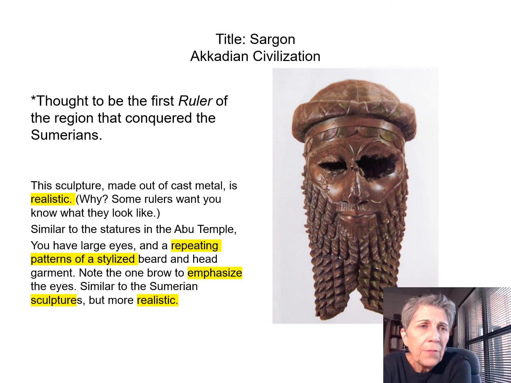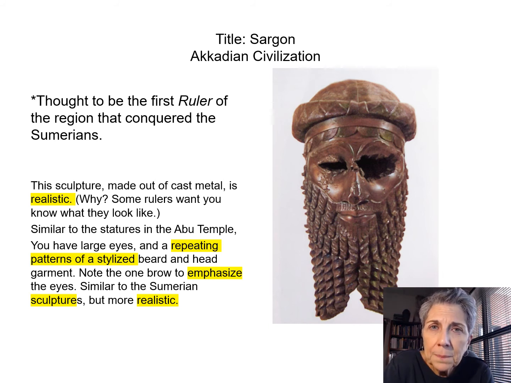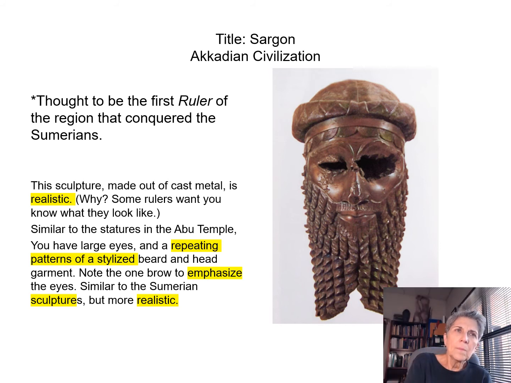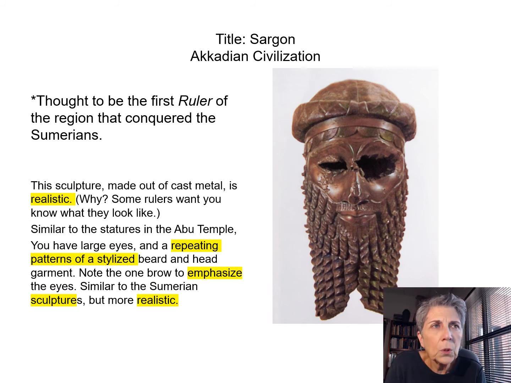Because a ruler would like for you to know what they look like. That's why Napoleon had statues everywhere. That's why in certain countries like Iraq, you had statues everywhere of that ruler. They're everywhere because that ruler wants to make sure you know who he is.